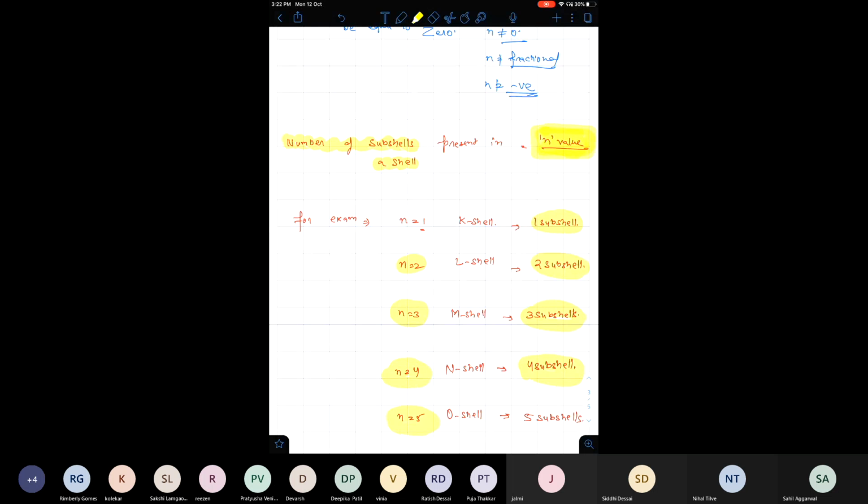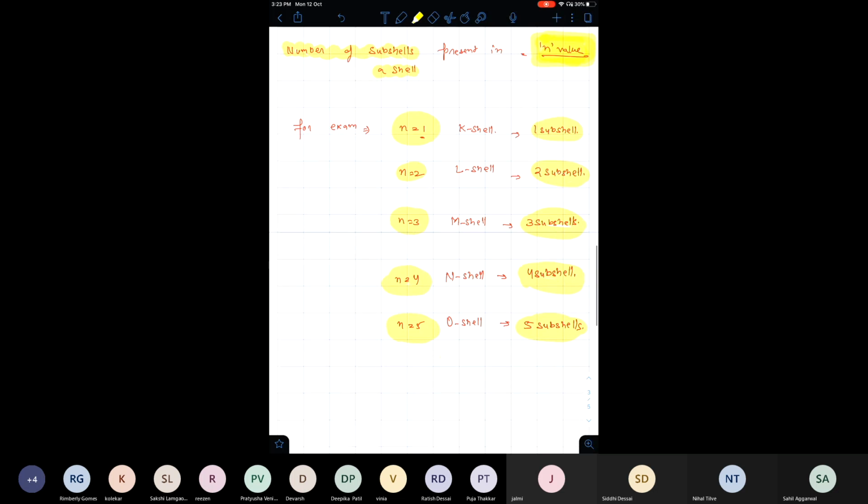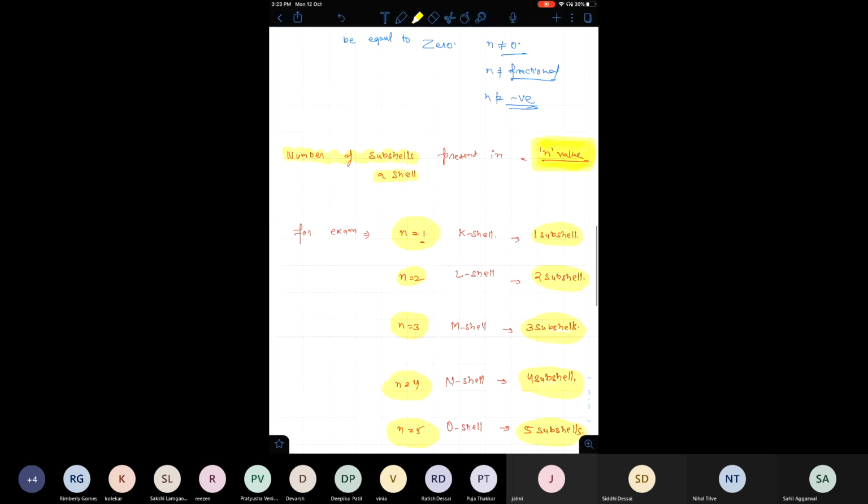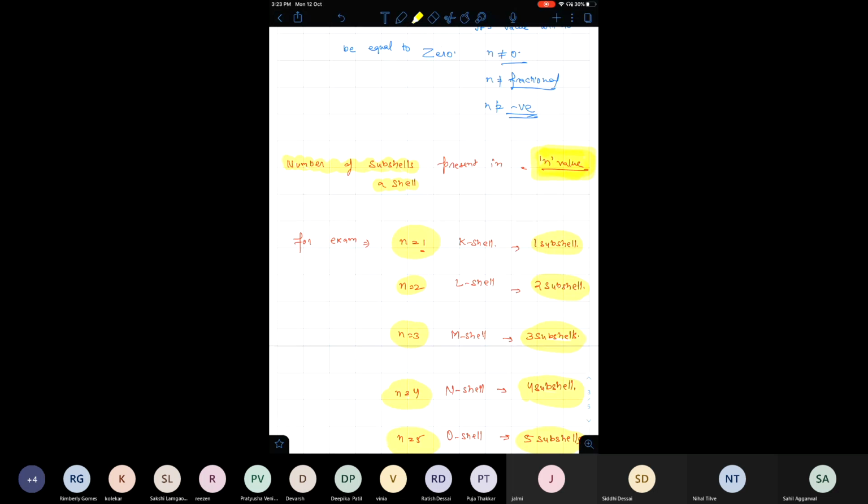Fifth shell has five subshells, and so on. Understood?